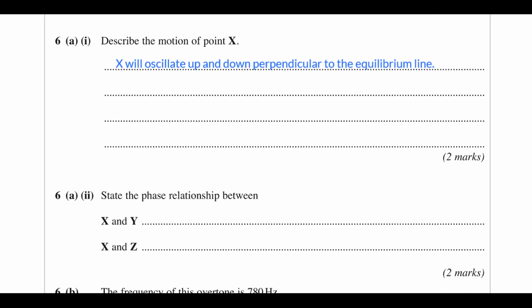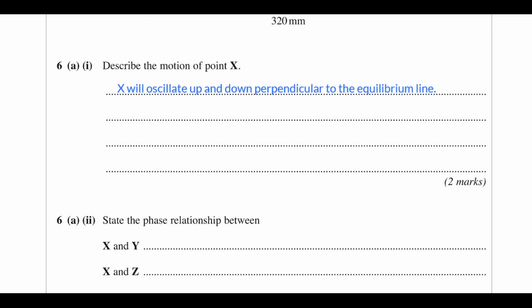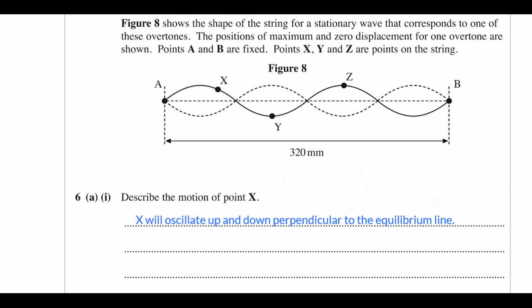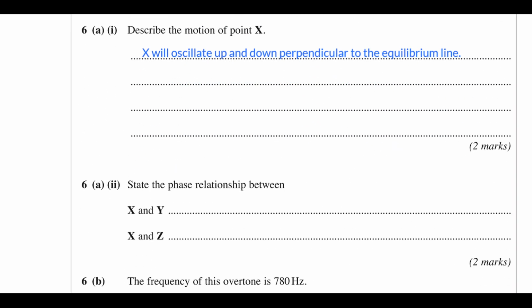Okay, so state the phase relationship between X and Y, X and Z. So X and Z are both above the equilibrium position, so those are going to be in phase with one another. X and Y are essentially on opposite sides of the equilibrium position, so they're anti-phase with one another. So let's get that down.